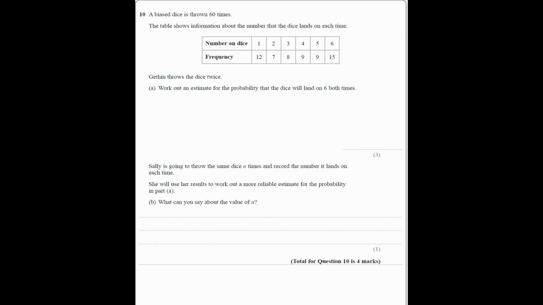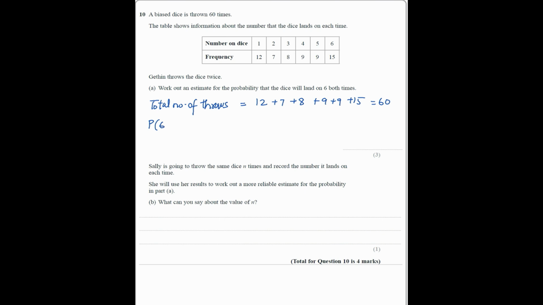In part A, first we add all the frequencies to find the total number of throws. Total number of throws equals 12 plus 7 plus 8 plus 9 plus 9 plus 15, which equals 60. Next we calculate the probability of landing on a 6.